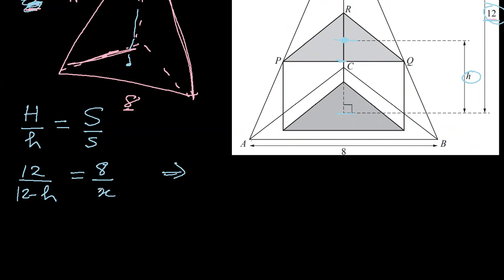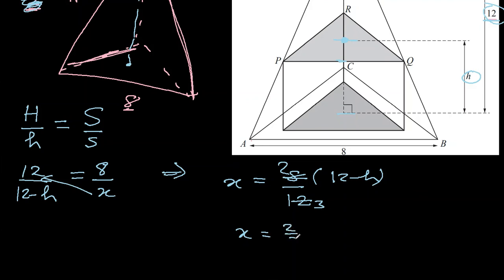So this gives us, by cross multiplication, X goes there and 12 comes down, and 12 minus h multiplies with 8. So this is times 2, this is times 3. X comes out to be 2/3 of 12 minus h.